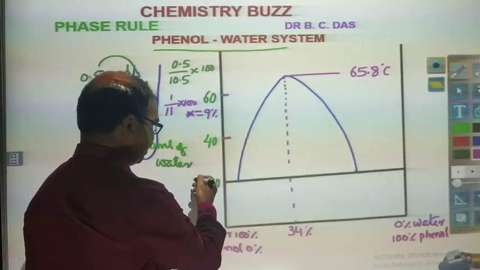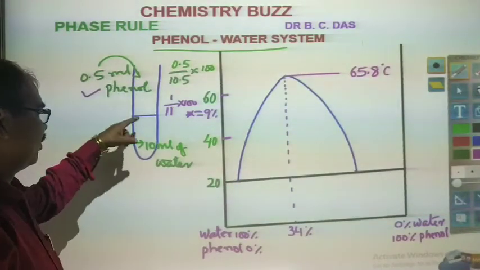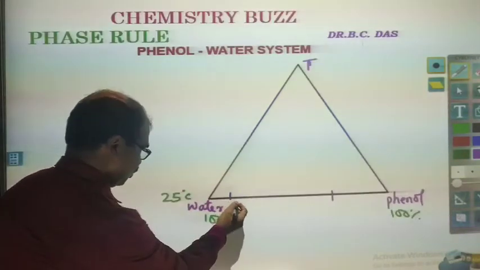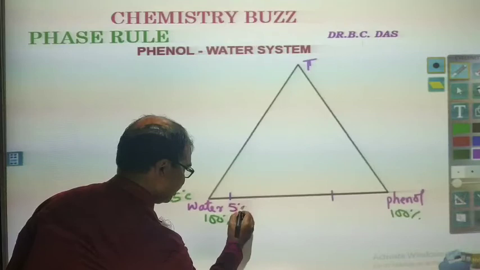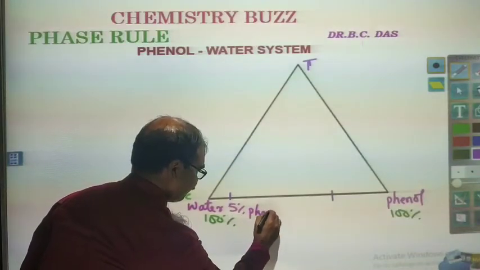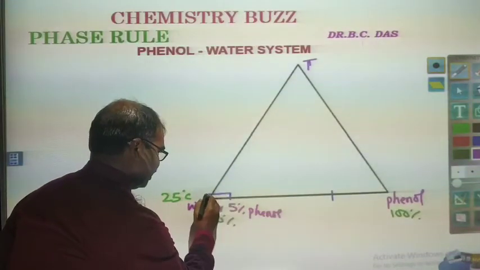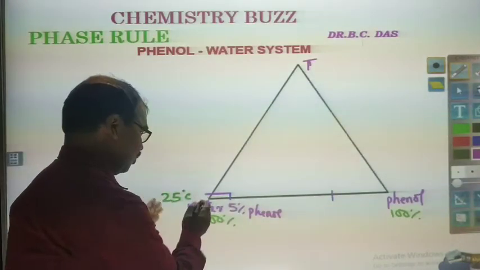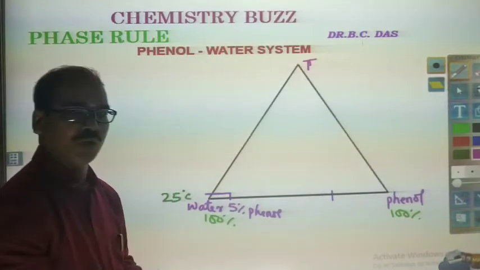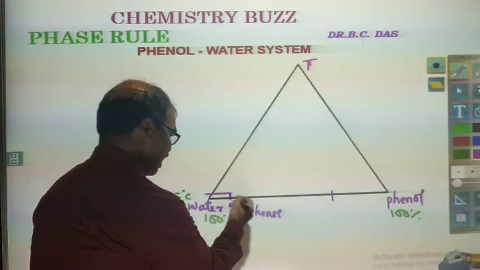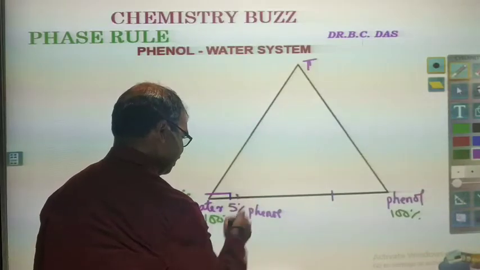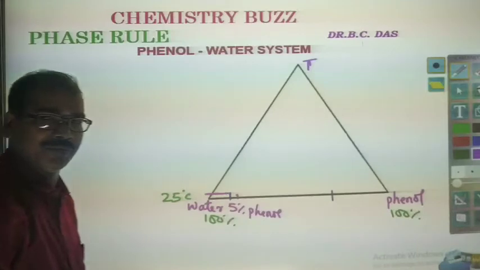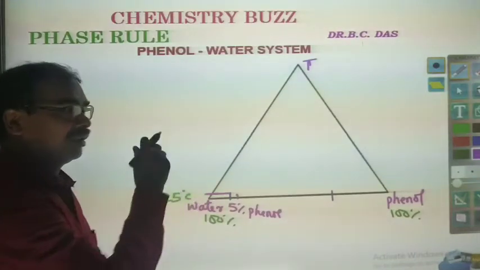So as it is 9%, it will form a heterogeneous solution, because up to 5% phenol, in this range of water and phenol composition, it is homogeneous, and as it is somewhat 9 here, it becomes heterogeneous and turbidity will appear.